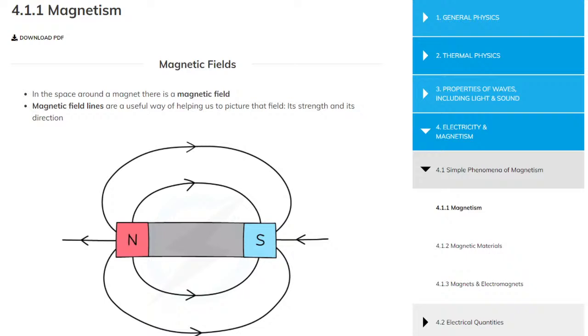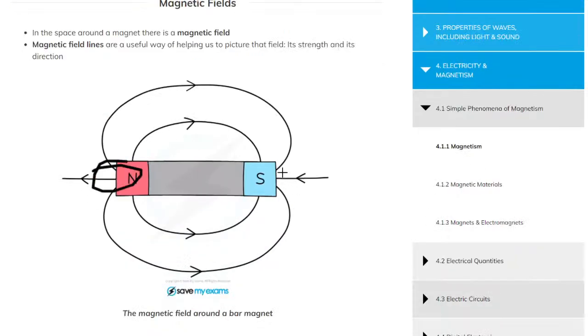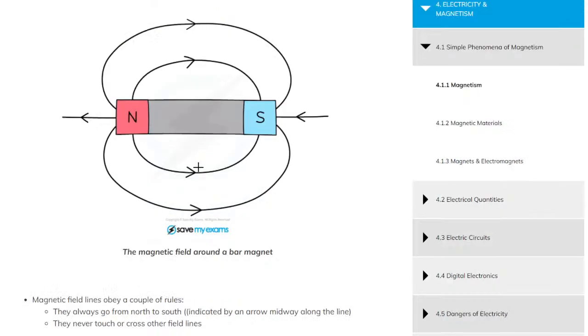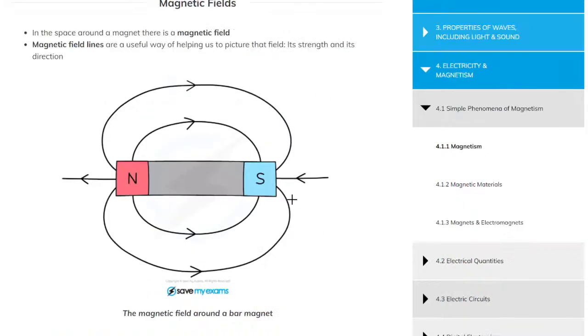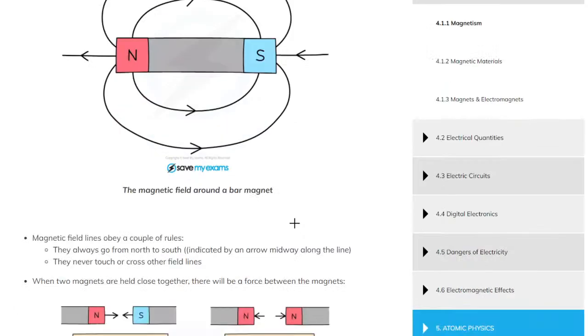You can see right here we have north and we have south, and then a few magnetic field lines running from north to south. He simply says that this is the magnetic field around a bar magnet. Later on we'll look at other types, like a solenoid, and the magnetic field of a solenoid.